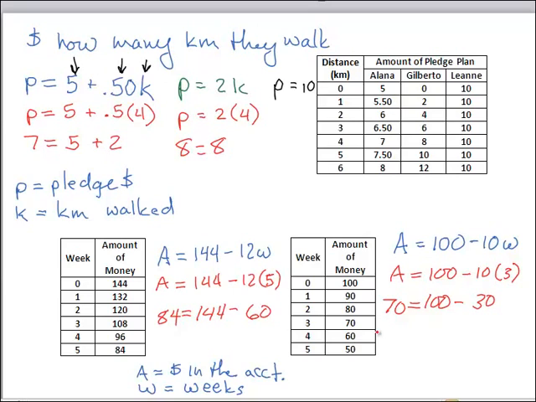So in all these situations, the information that we needed was, first off, did we have a starting amount? What was our weekly change, or what was our change per kilometer? So what's the ongoing change?